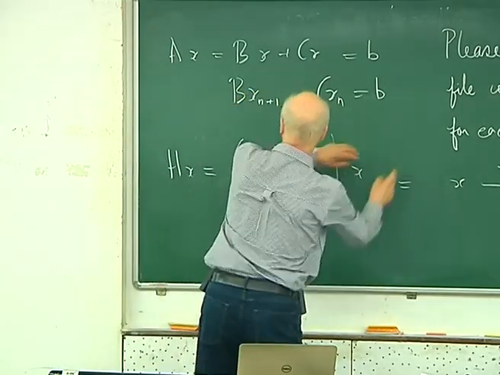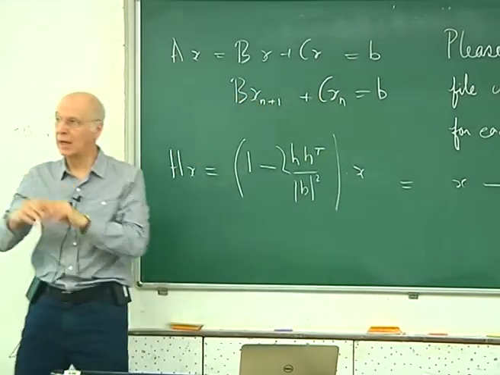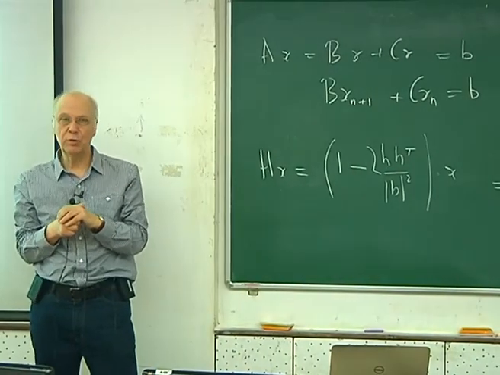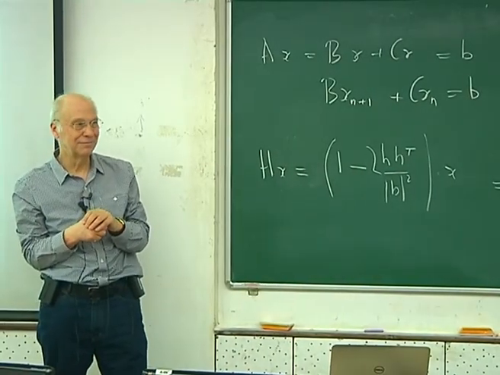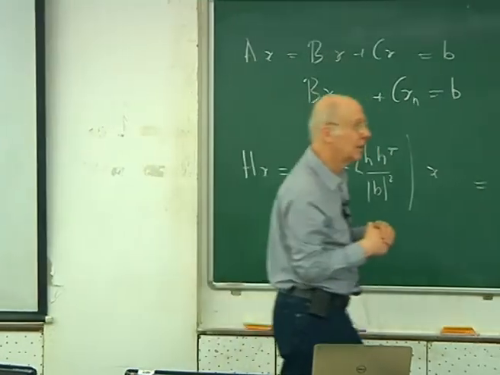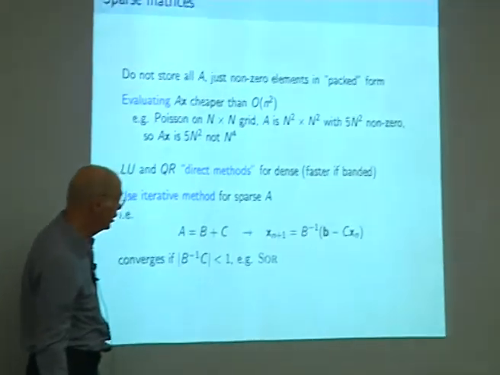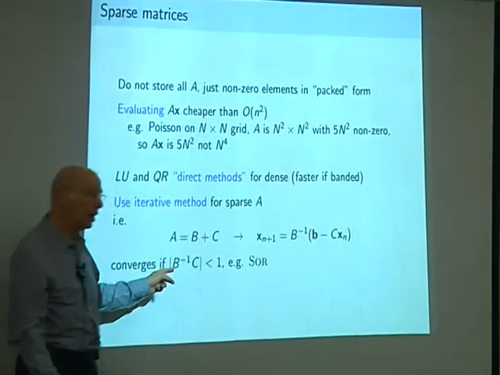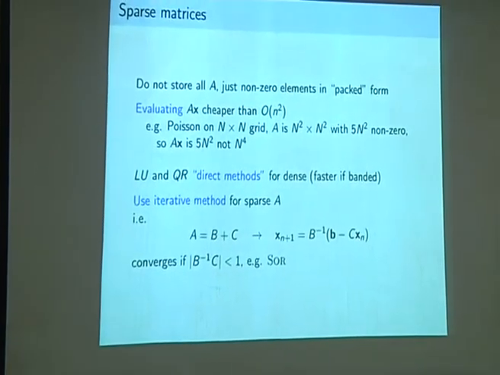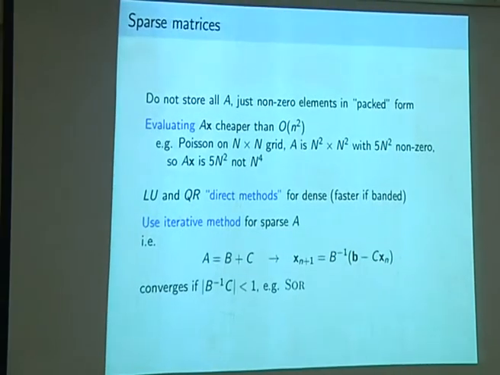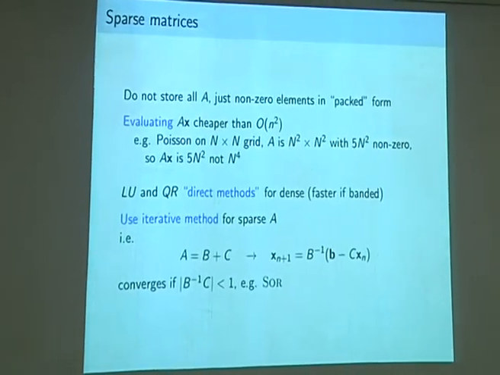We take that onto the other side, and we just have to invert B. So you want to choose B that you can invert cheaply. And you'd also need the size of B minus 1 C to be less than 1, otherwise this iteration process won't converge.